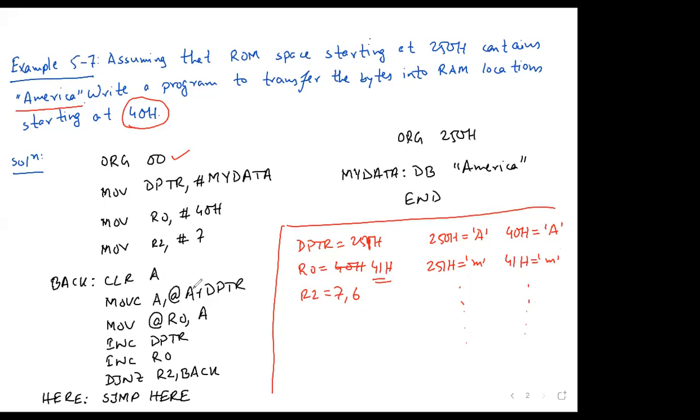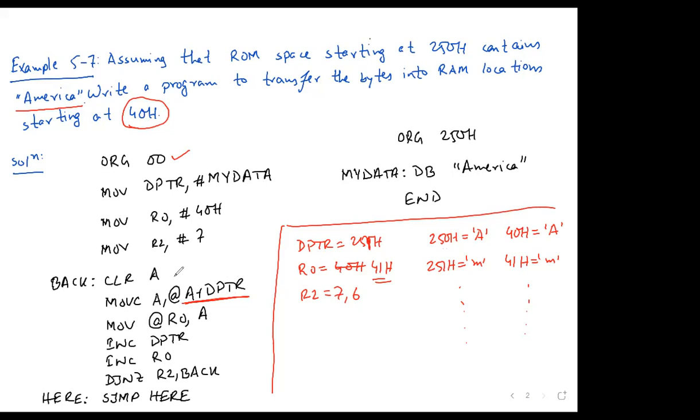So if you do not clear register A, when you come over here, those values will be added with DPTR to form the address. But you do not want that. You want to move on to 251H, right? Yes, sir. But if you do not clear your register A, then whatever is there in register A will be hexadecimally added with DPTR to form the address. Okay, sir. Got it. So that's why we clear this A register.